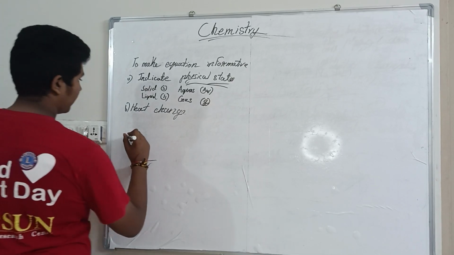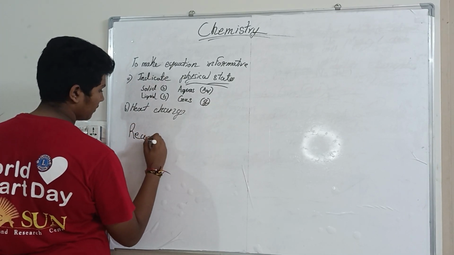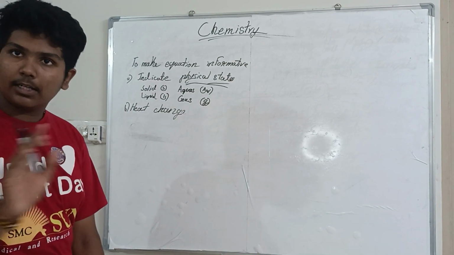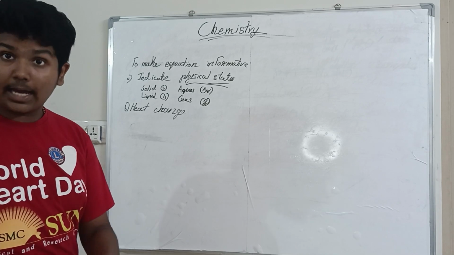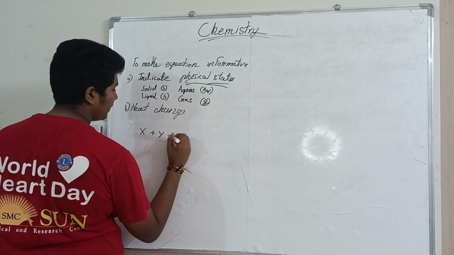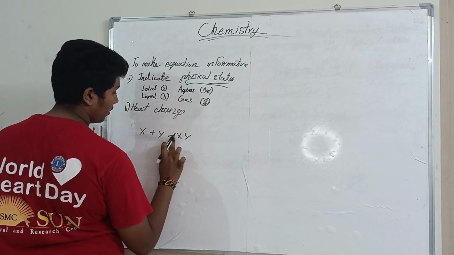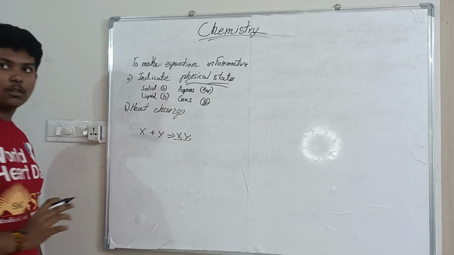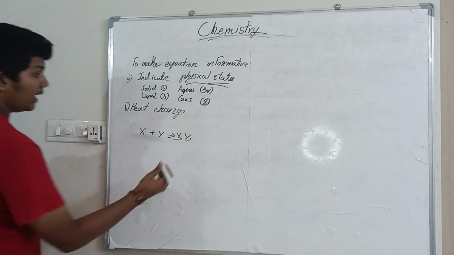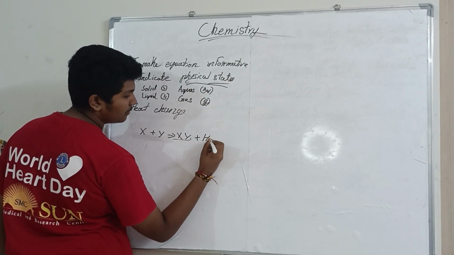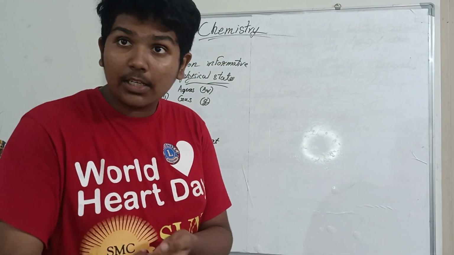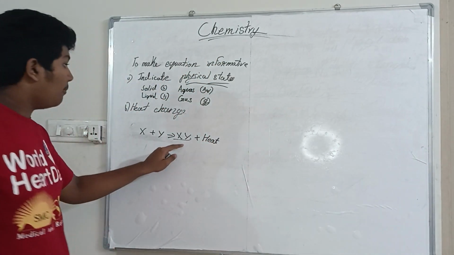So let's say the reactants are X and Y. X plus Y gives you XY. How do you show this as exothermic? You have to add plus heat, because exothermic is giving out heat, or producing heat.